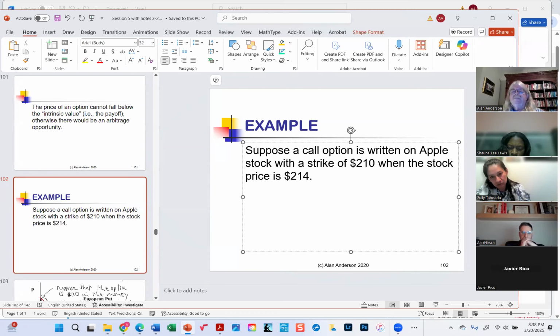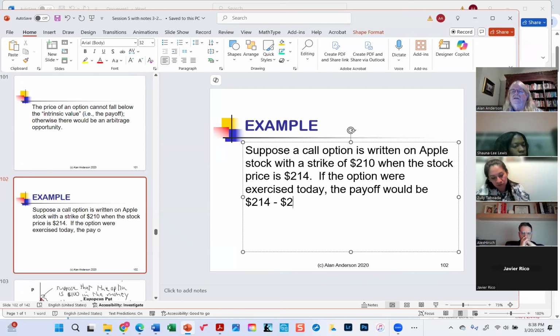If the option could be exercised now, and it might be, it's possible that this is an American option, let's say the option is exercised today. The payoff would be $4.